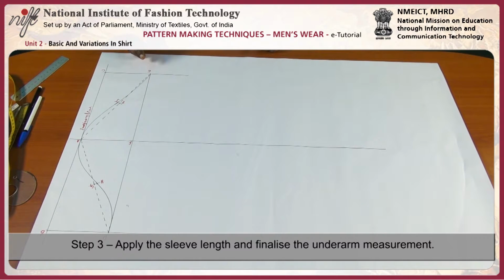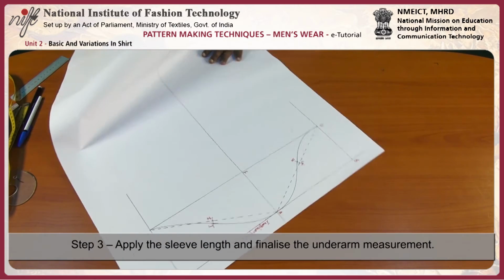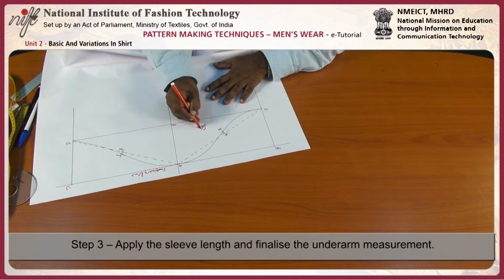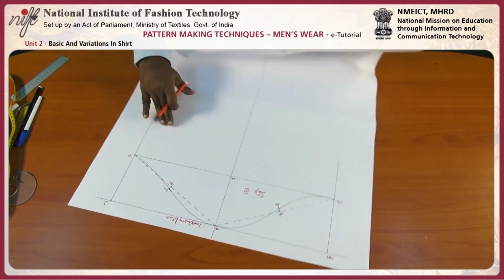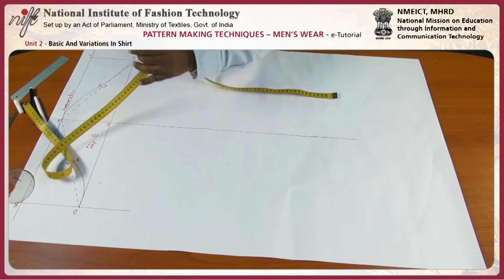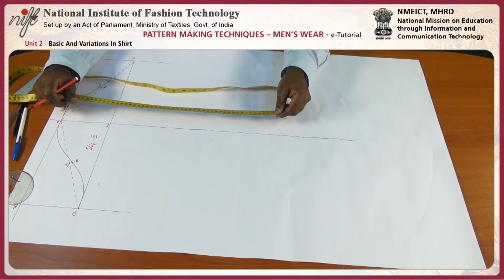Now let us proceed to step 3, where we are going to apply sleeve length and finalize the underarm measurement. Step 3. A to K is the sleeve length excluding cuff width.